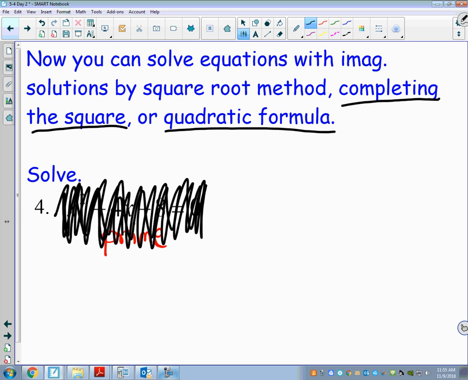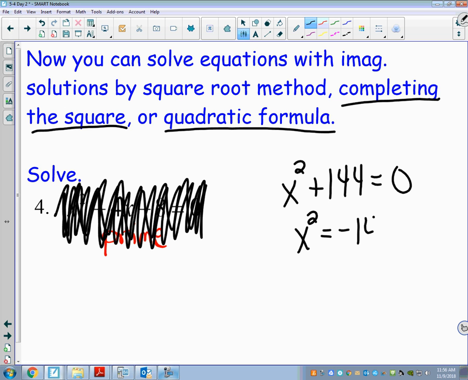So what if I said this? x squared plus 144 equals 0. Up until now, we haven't been able to solve this because this is not a difference of two squares. But now we can. Now I can say, if I subtract that over, that would be x squared equals negative 144.